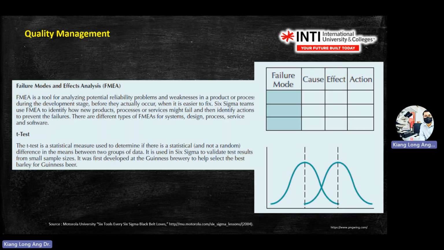FMEA, failure mode effect analysis. This one you should also learn in your EDP, but I'm not sure whether you know about it. There's a process to do FMEA. FMEA analysis is important if you work in the engineering R&D department.